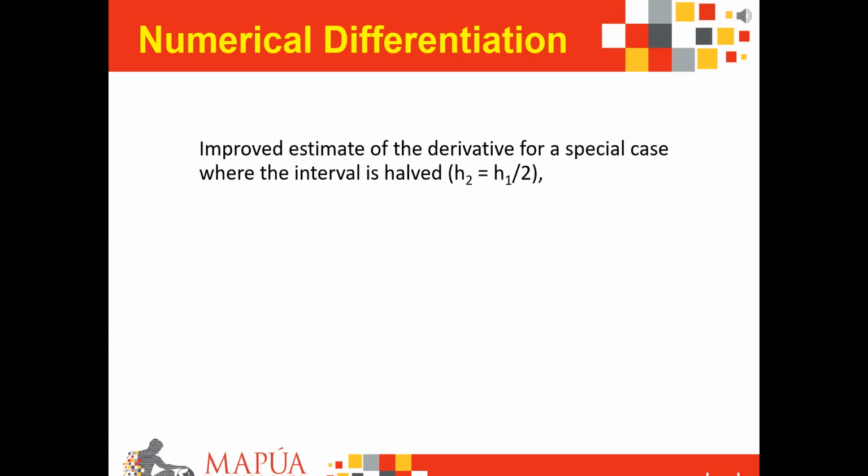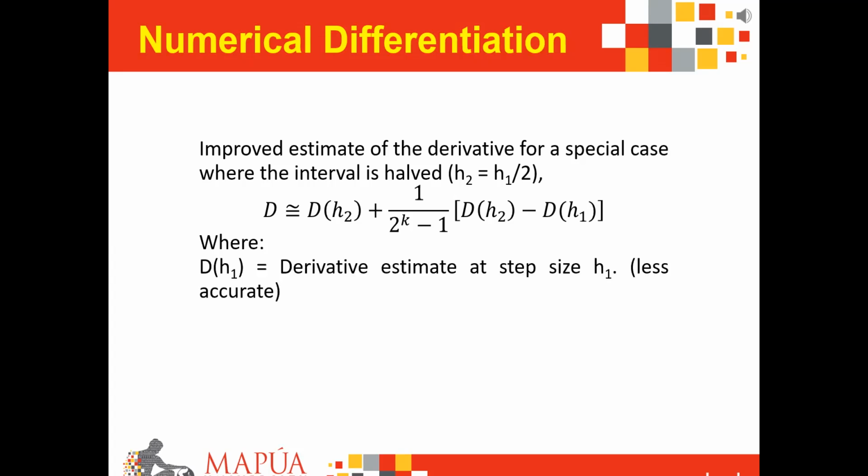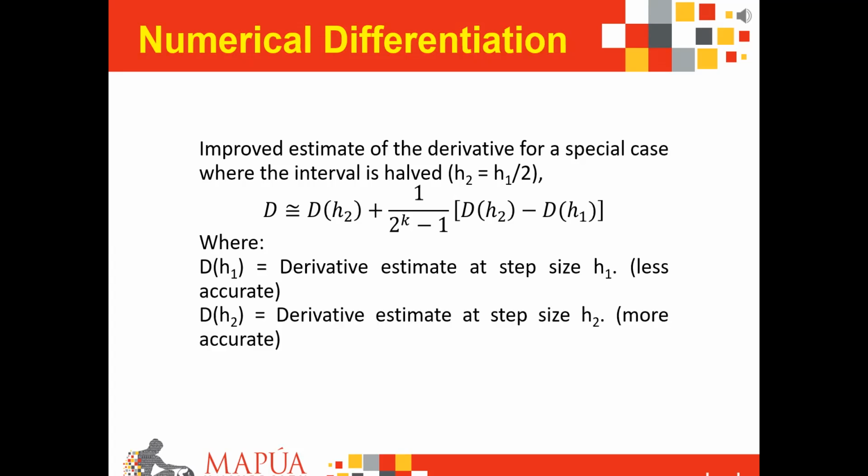The improved estimate for the derivative for a special case wherein the interval basically is half the previous value would simply be like this, much like the applied Romberg integration formula. Note that dH1 is the derivative estimate at a step size of h1, which is considered to be less accurate. dH2 is the derivative estimate at the step size of h2, which is considered to be more accurate since h2 has a smaller step size than your h1.